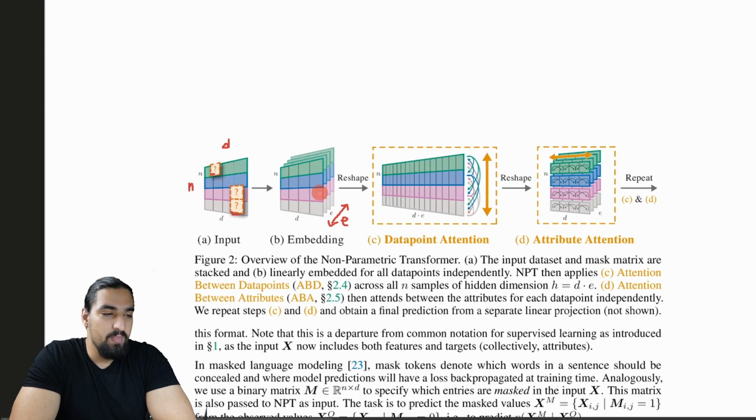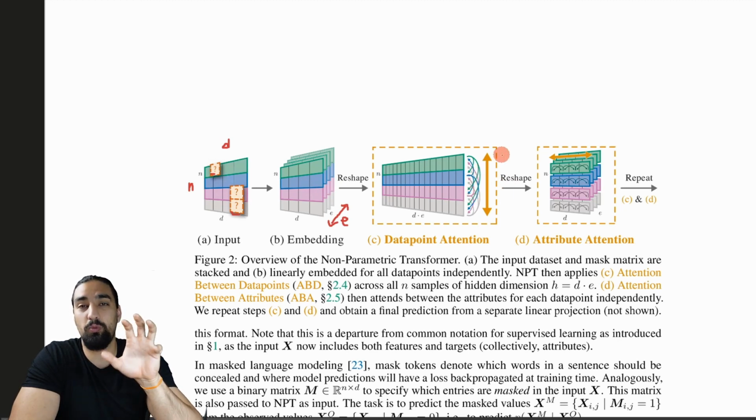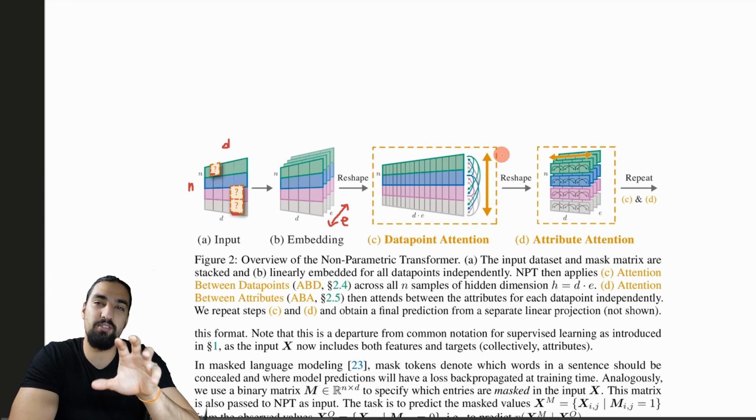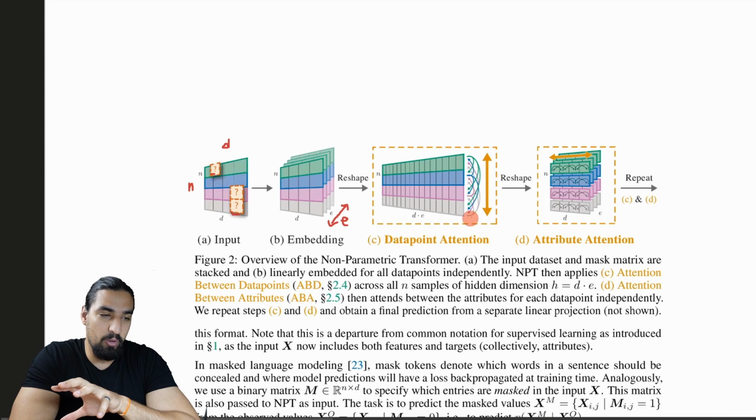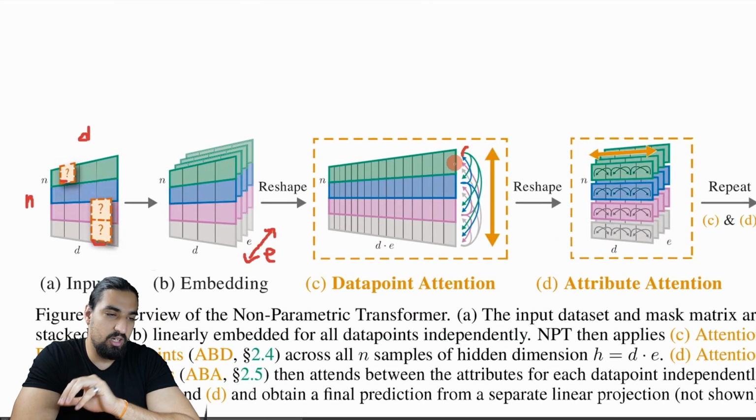What they do is the following. They first flatten out this thing, and they apply attention across data points. So basically, the same thing as what Vaswani did in the original transformer. So we have self-attention from the original transformer applied here across data points first. So they basically attend, as you can see, these lines here. Every data point attends to every other data point. So we do Vaswani type self-attention.